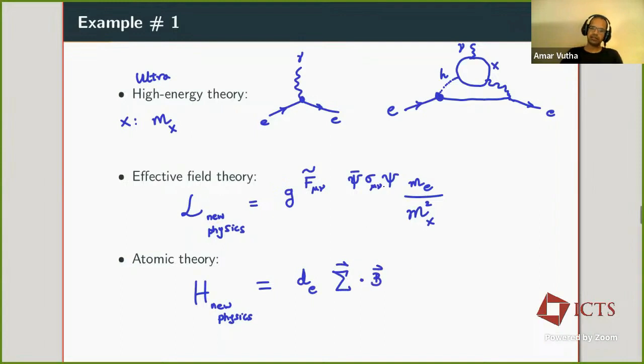But since this is not a magnetic moment, magnetic field interaction, because of this tilde, which is the dual to the F mu nu tensor, this is actually a spin interacting with the electric field of light, not the magnetic field. And then if you do the conversion properly from the effective field theory Lagrangian, which involves the sigma mu nu, into atomic theory language, you have to write down this beta matrix, which is one of the Dirac matrices.